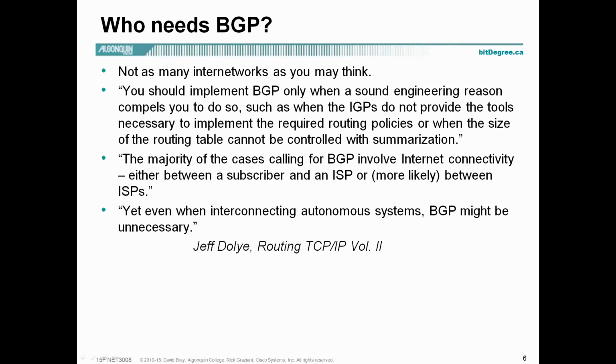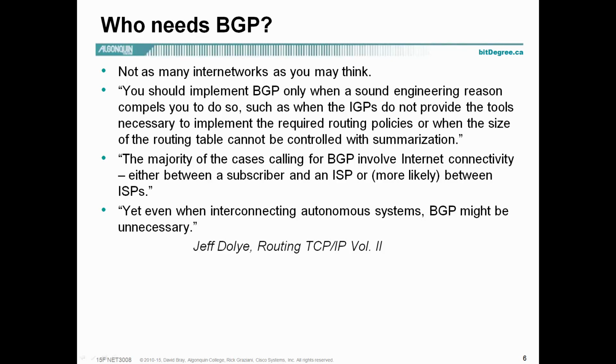He says in his book, you should implement BGP only when a sound engineering reason compels you to do so, such as when the IGPs do not provide the tools necessary to implement the required routing policies, or when the size of the routing table cannot be controlled with summarization.